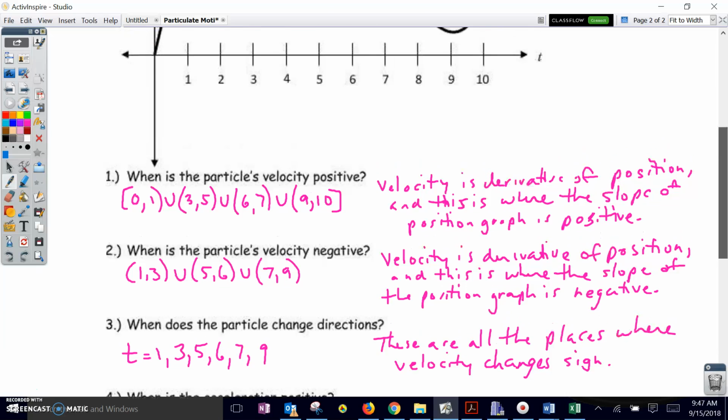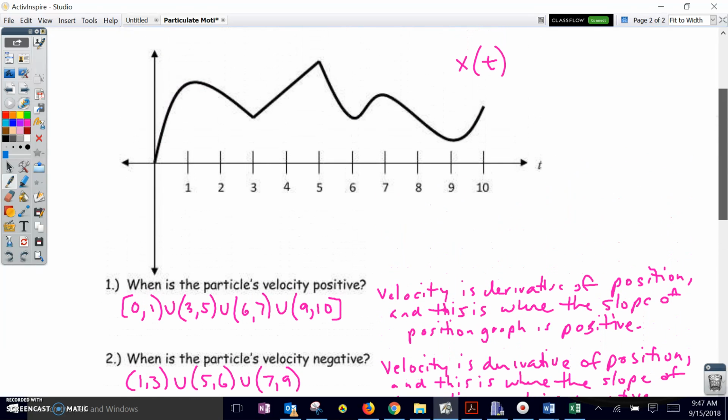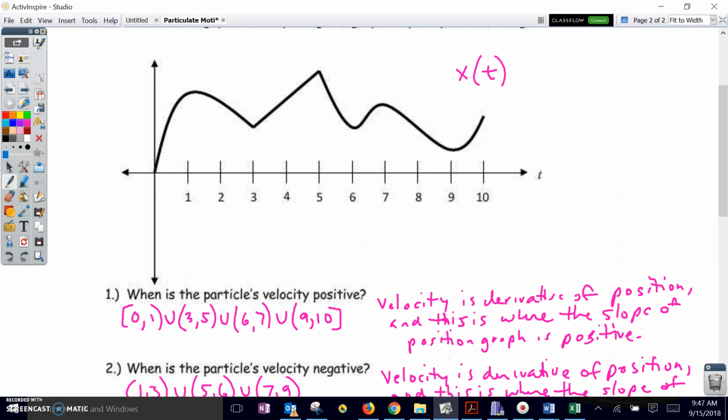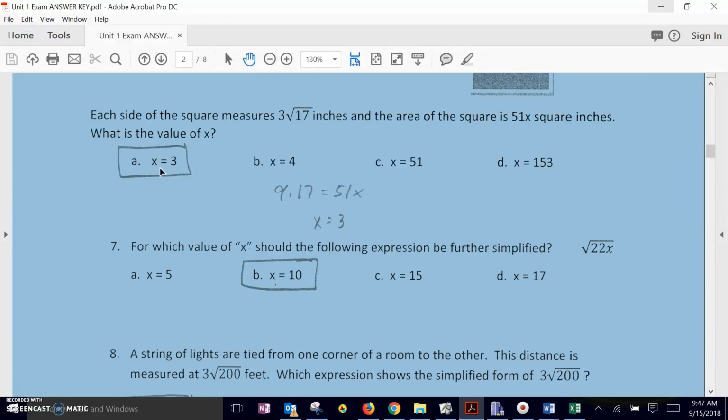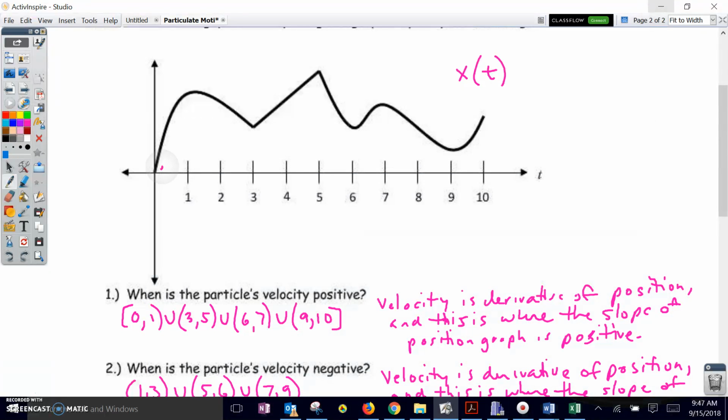All right? So let's analyze as we go along this graph. Here, the slope is getting less and less positive. It's decreasing, the slope is decreasing on that entire interval. So the acceleration is not positive there. On this interval, the slope is constant.